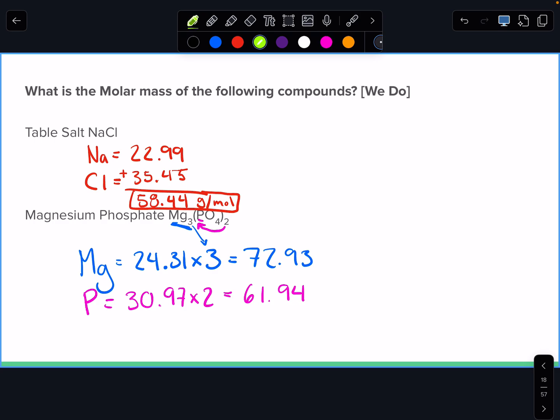Now for my oxygen. Oxygen has a mass of 15.999, I guess it rounds up to 16 when you only keep 2 decimals. And then we have a 4 inside the parenthesis, a 2 outside the parenthesis, so that would be a total of 8 oxygens, because you've got to multiply it in.